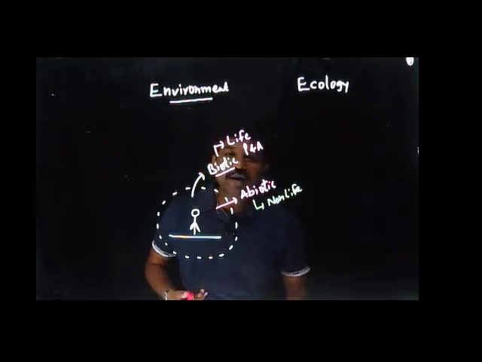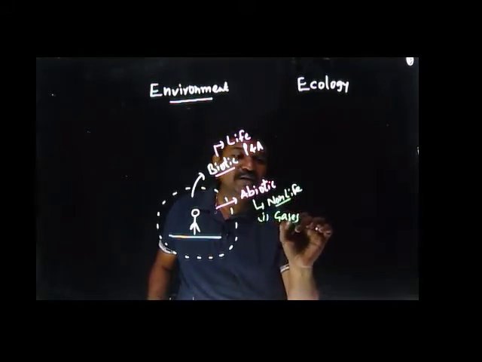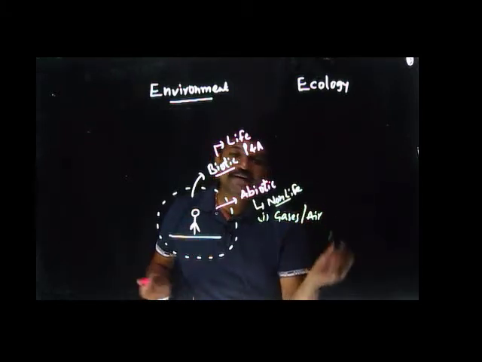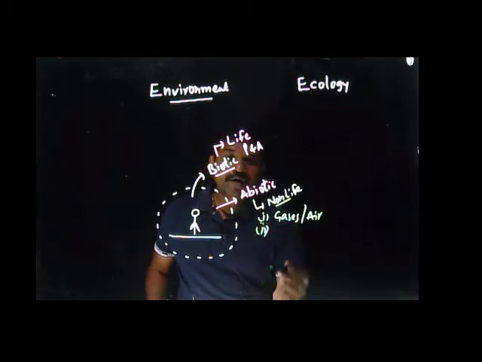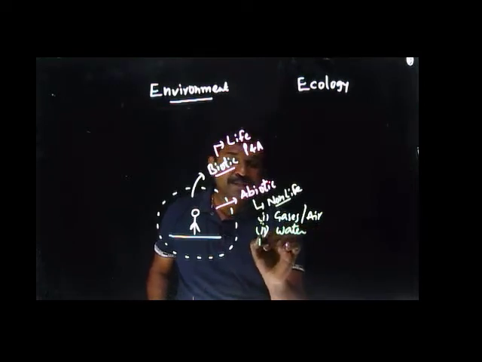What do you mean by non-life forms? The non-life entities like, number one, the gases that are surrounding the species, basically air that is present. Also, the other important non-life forms like water, without which there is no life.